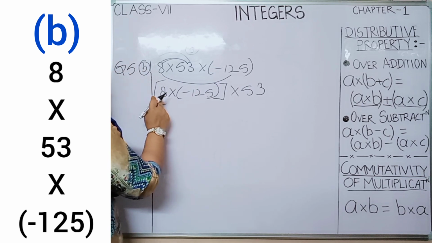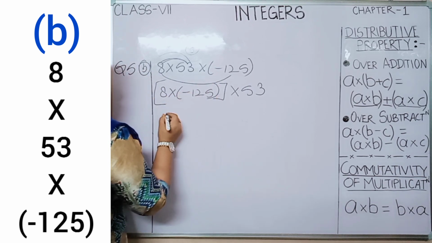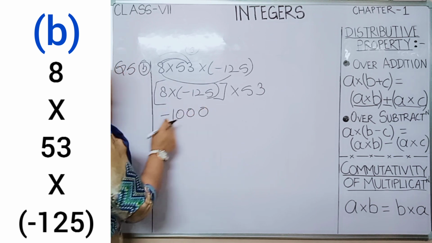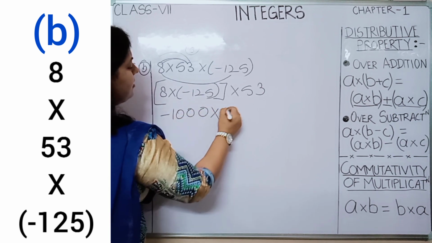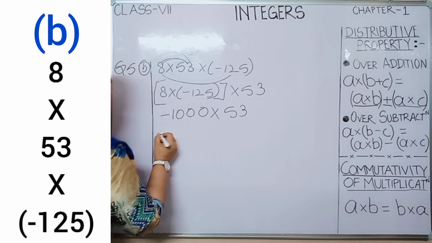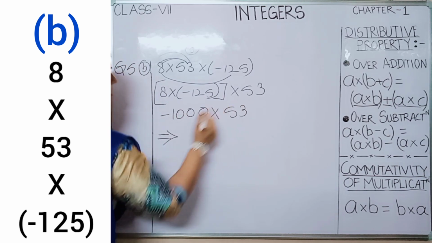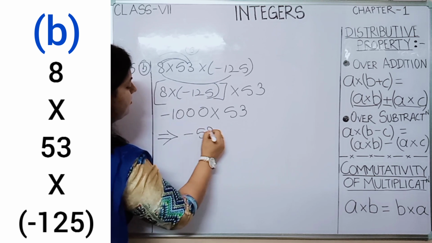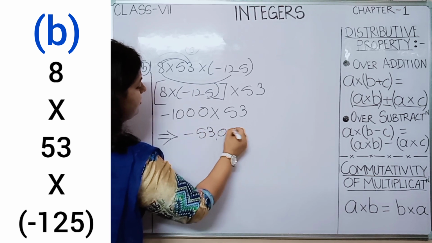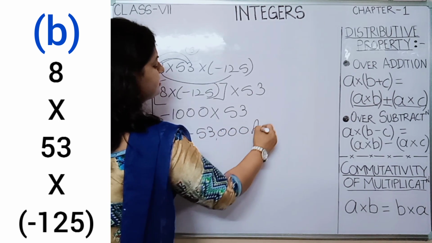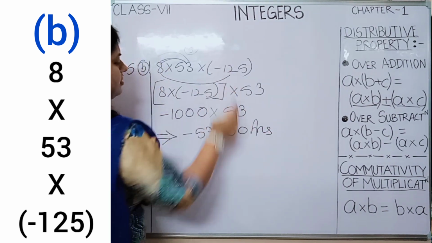If I multiply 8 with minus 125, I get minus 1000. Then multiply minus 1000 with 53. We get the answer minus 53,000. And this is the way to solve this question.